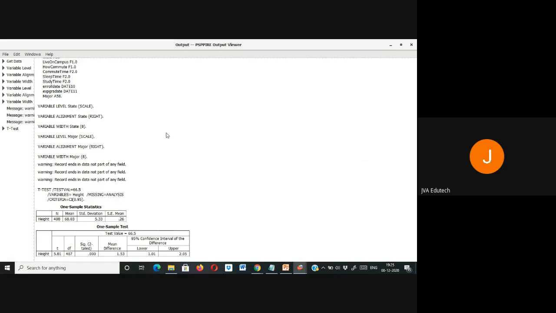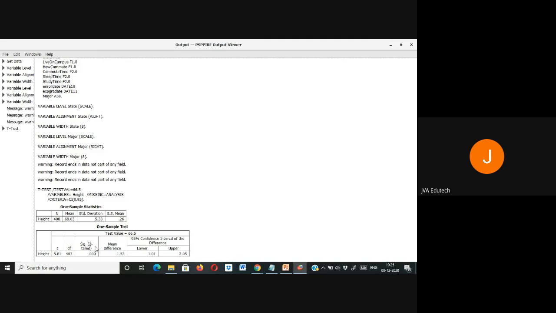Now look at the table. Our t value is 5.81. Degree of freedom is 407 because in a one sample t test, degree of freedom is equal to n minus 1, the number of observations minus 1. We had a total of 435 observations, but why was 408 used?